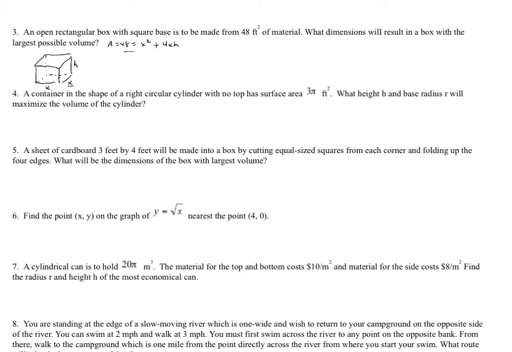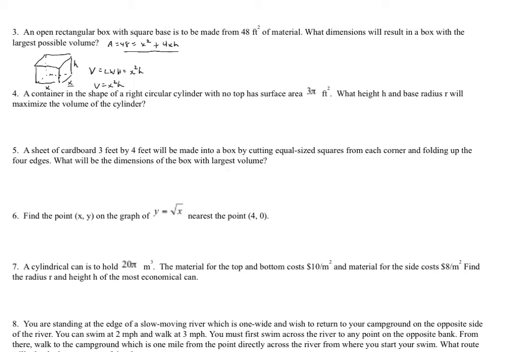We're going to need this so that we can get h in terms of x. Now the volume, the thing we're trying to maximize, is length times width times height, but since our base is a square, it's going to be x squared times h. The problem right now is it has 2 variables in it, both the x and the h.